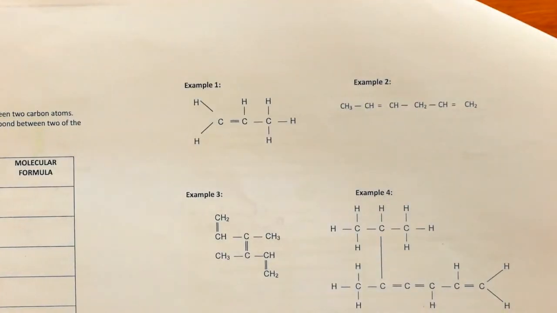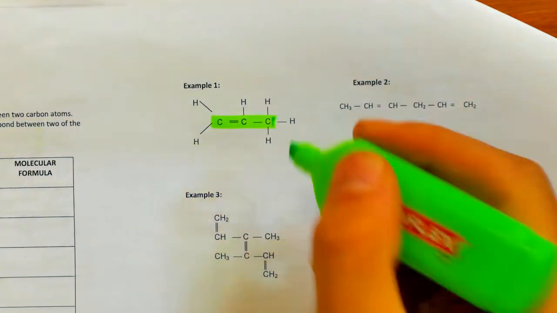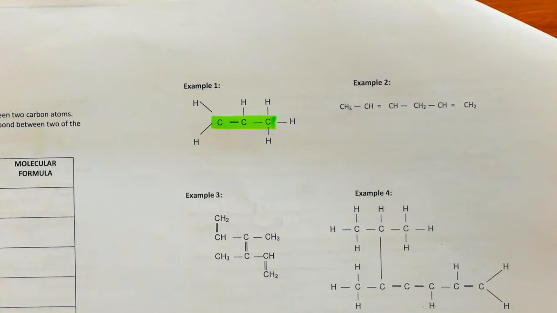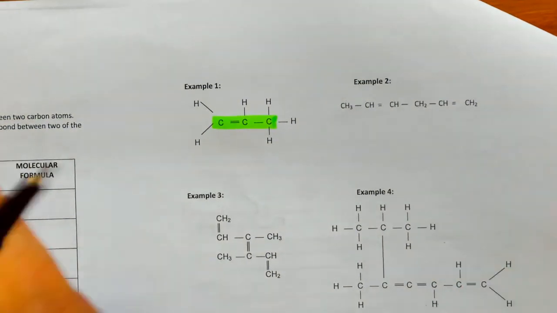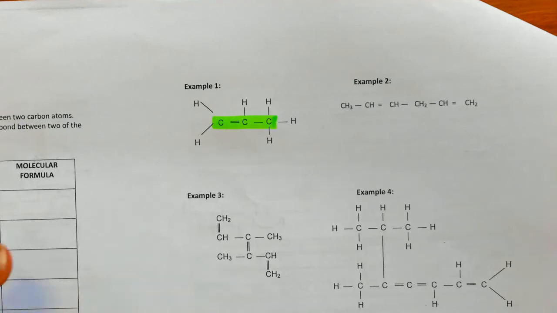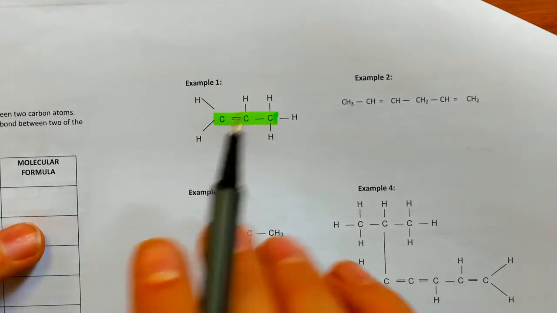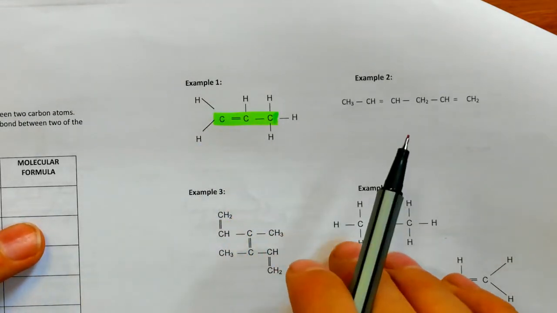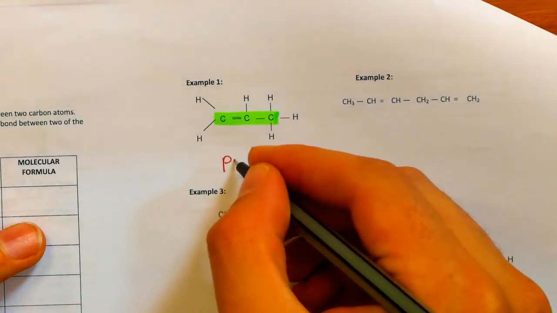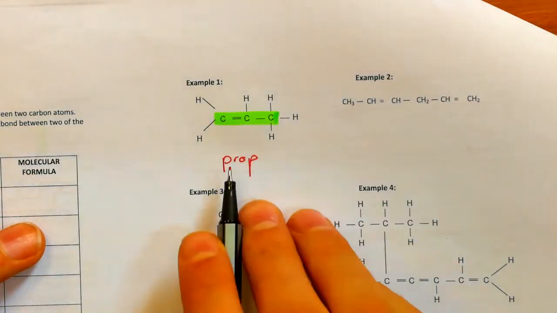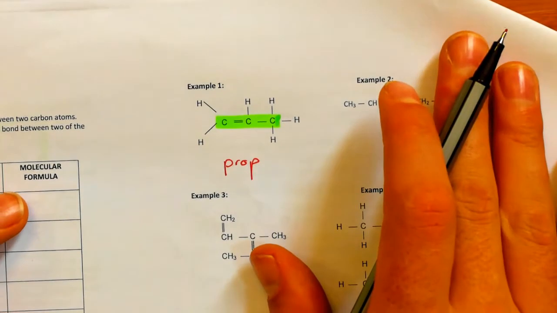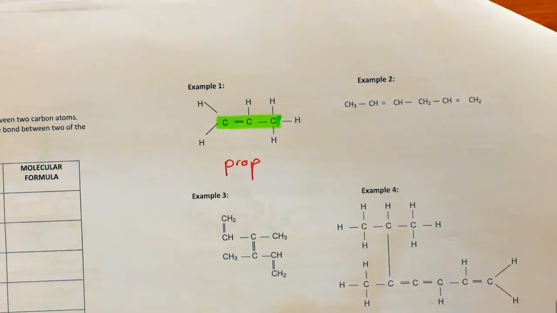Gents, let's look at this first example. What's our first step in naming any organic compound? Find the longest chain. This isn't that difficult. It's just 3 carbons in a straight line. What is the parent of our name? If there are 3 carbons, it's meth, eth, prop. Prop. And what do we add as a suffix for alkenes?